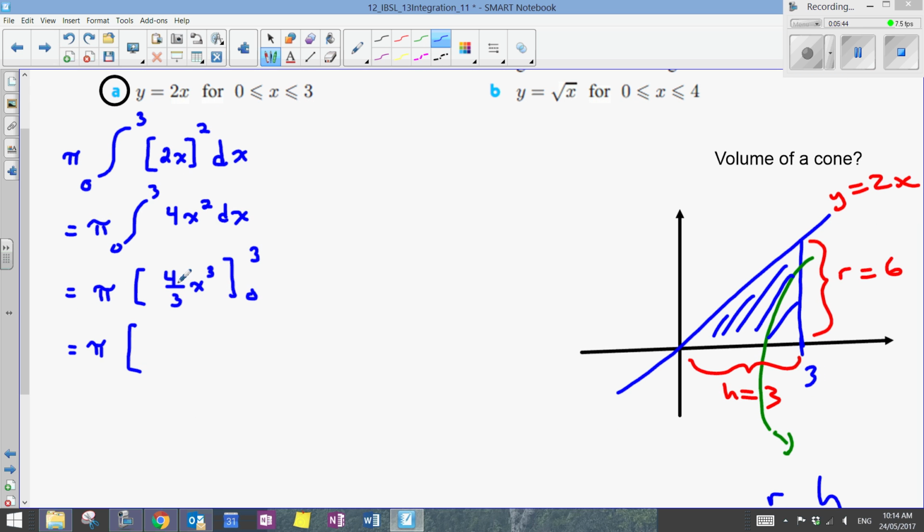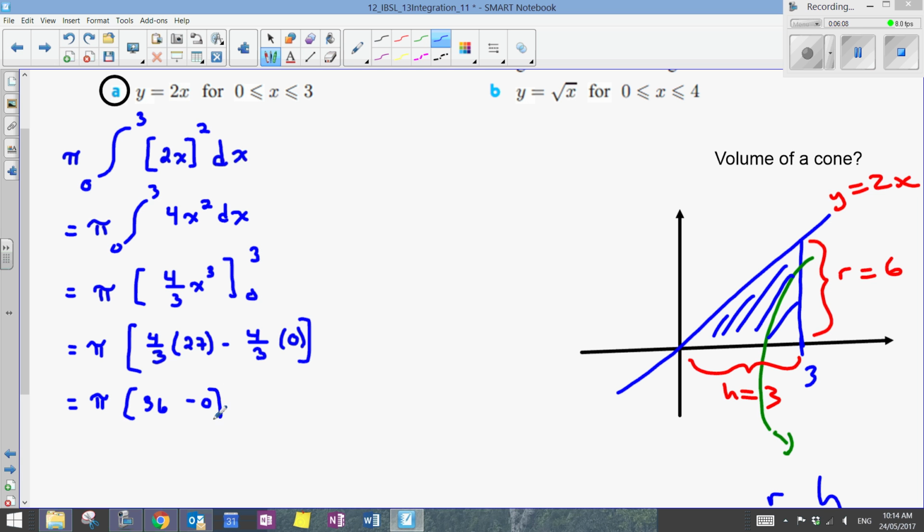We have 4/3 times 3 cubed, so 3 times 3 times 3, and then subtract 4/3 multiplied by 0 cubed, which is 0. So 27 divided by 3 is 9, and 9 times 4 gives us 36.